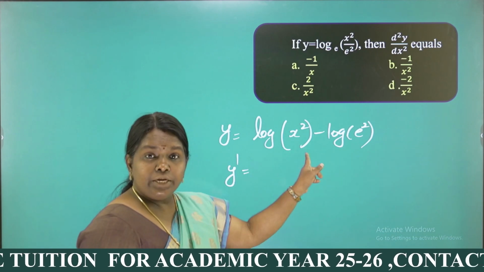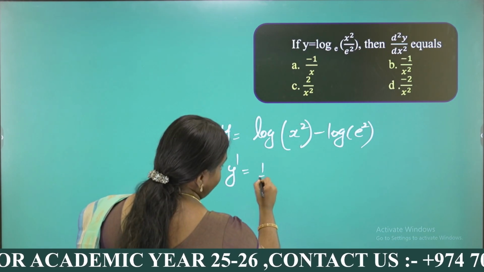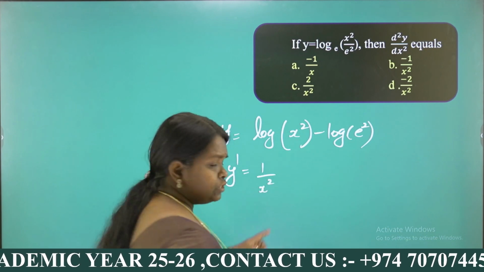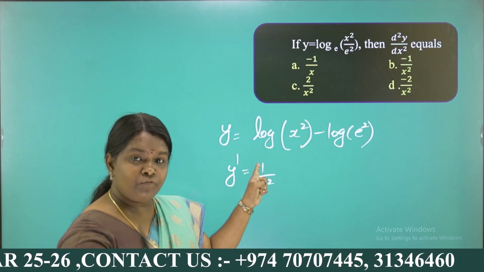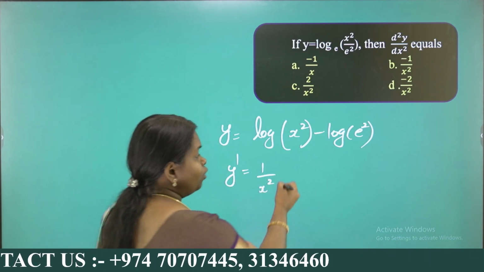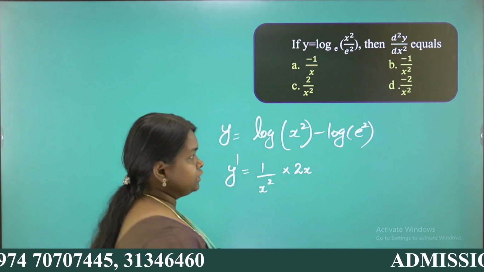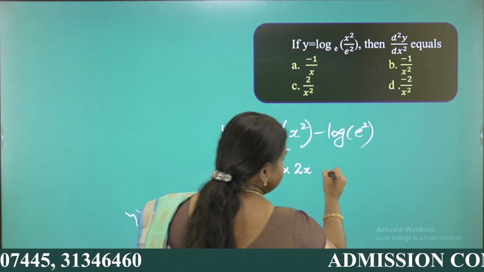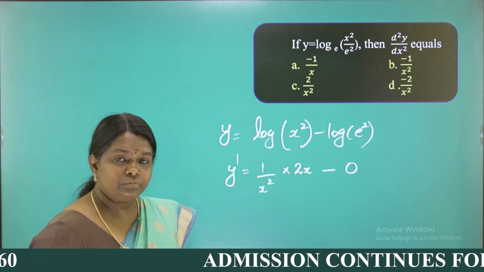What's the derivative of logarithm of x square? It is 1 by x square. Hope you all remember our chain rule. Logarithm of x, derivative is 1 by x, so it's 1 by x square. Now you have to multiply with the derivative of x square, that is 2x, minus logarithm of e square. What is that? 0. Clear?